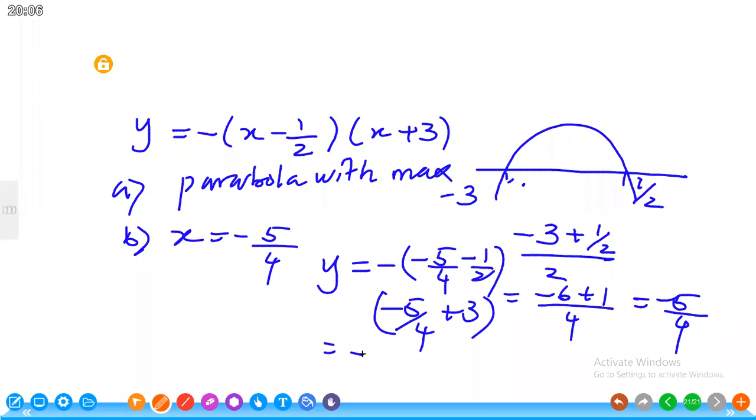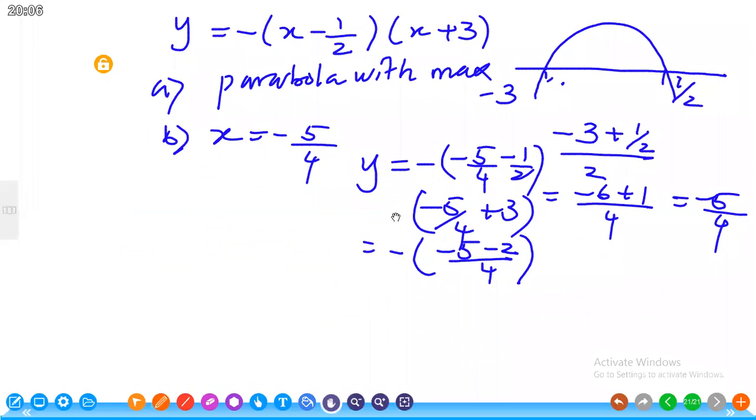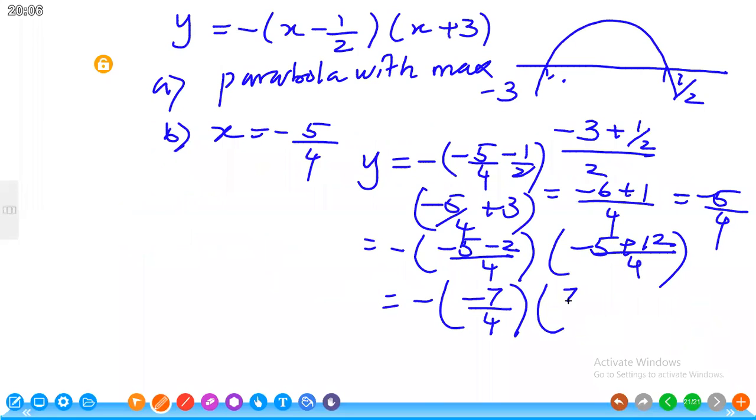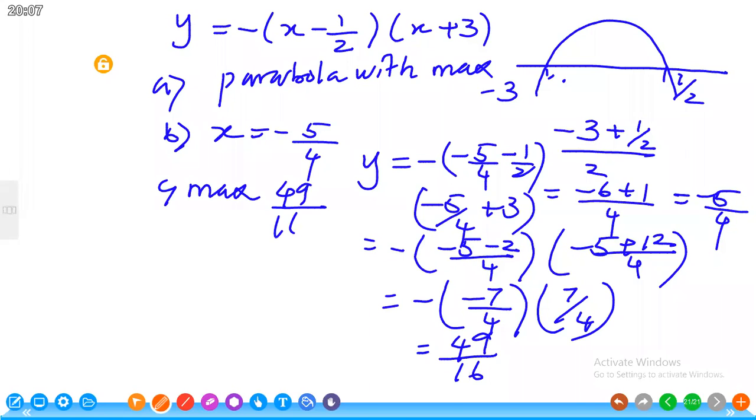So the answer will be minus 5 minus 2 by 4, right, minus 5 plus 12 by 4, right, minus into minus 7 by 4, also plus 7 by 4, so minus into minus, positive 49 by 16. So the maximum or minimum value: here it is a maximum graph, so the maximum point is 49 by 16, right?